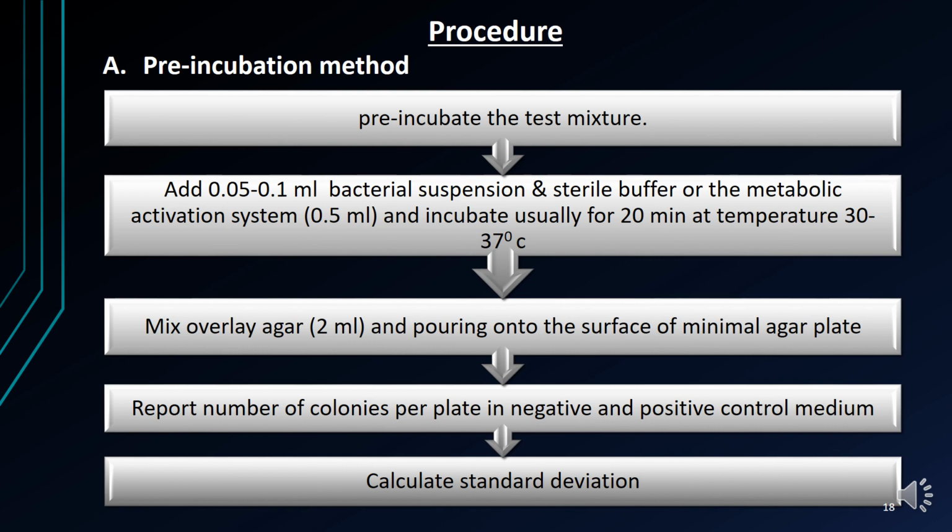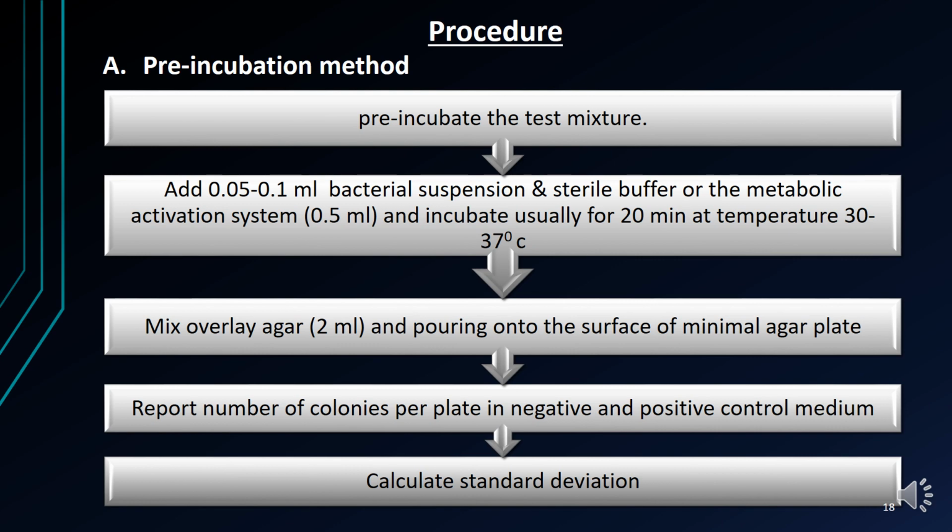In addition, the metabolic activation system is required, with a volume of 0.5 ml, and after all the additions, incubation is needed. That incubation generally takes 20 minutes at 30 to 37 degrees Celsius. After the incubation, it is added into the overlay agar and poured onto the surface of the minimal agar plate.